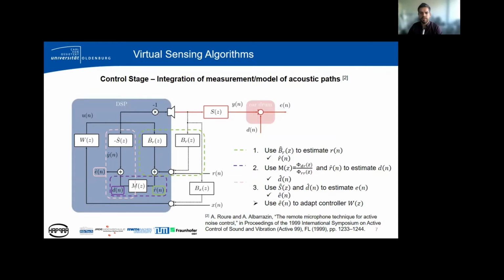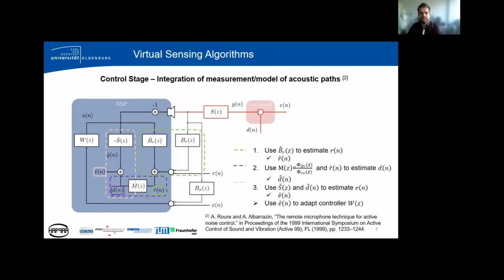This is done by following a three-step approach. First, the estimated acoustic path B sub R is used to cancel the control signal at the position of the inner microphone, and through this, estimate the noise sound field at the inner microphone R. Using the estimated signal R hat, together with the microphone to eardrum acoustic path M, the noise sound field at the position of the eardrum D is estimated.